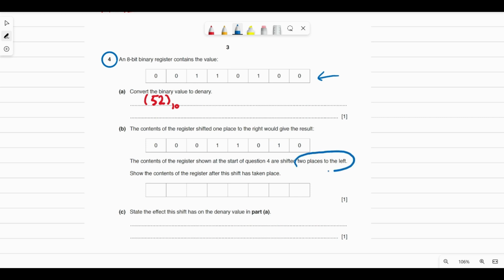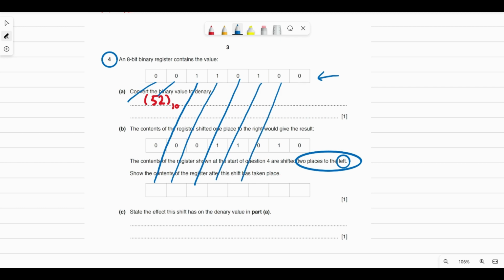Two places to the left means we start from the left-hand side and two digits will be wasted away. We have to start from the third one: this one, then this one, this one, this one. You have to be extra vigilant.